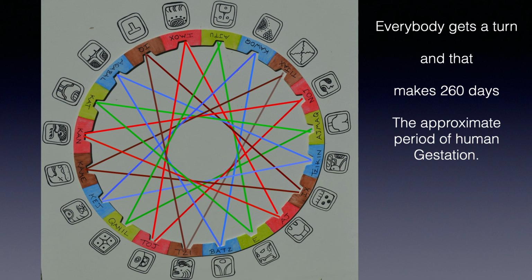There's no other planet that has a 24-hour revolution, but we do, and that's every day's an Earth day. But these are the different flavors, and those are the different Trecenas. And the 260 days is the approximate period of human gestation. So just some correlations that are interesting and have been long kept as primordial lessons about where you are and what time it is.